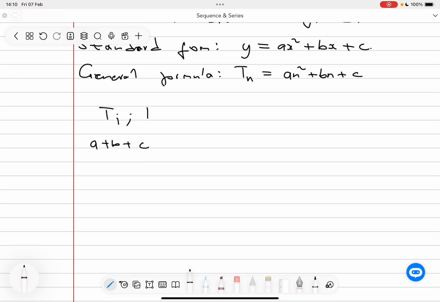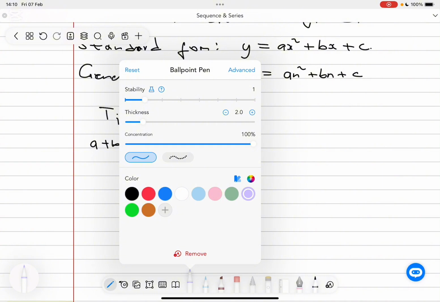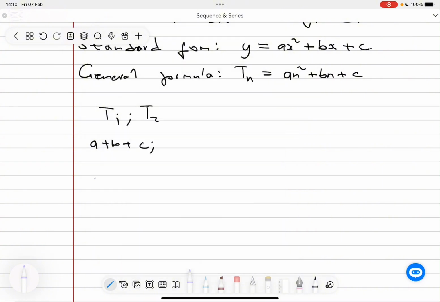If we then go look for term 2, we will do the same mathematics. Tn will be given by an squared plus bn plus c, so that now I put a 2 because I'm on term 2, and I put a 2 as well here because I'm on term 2.